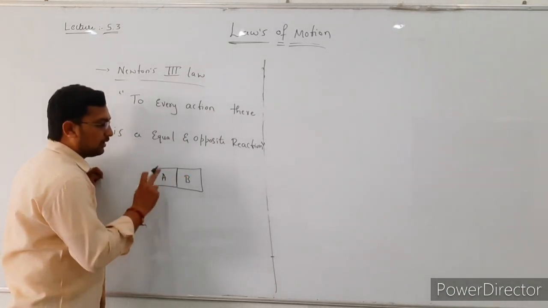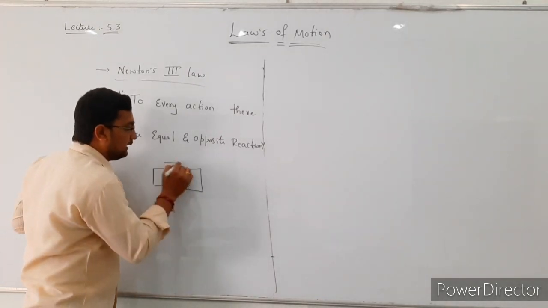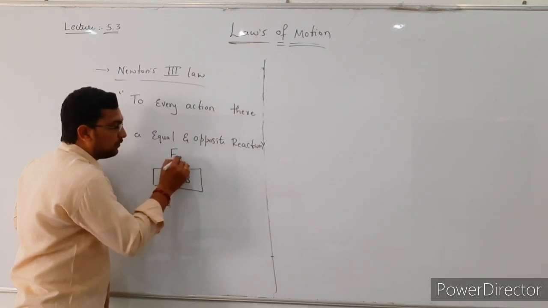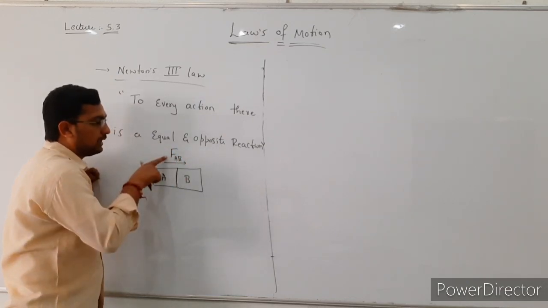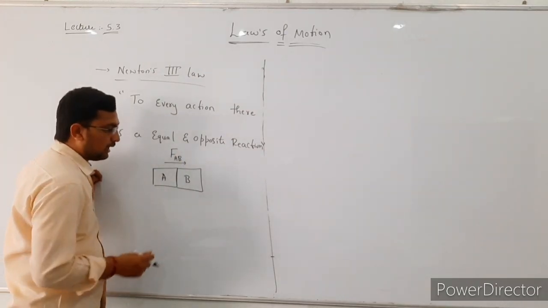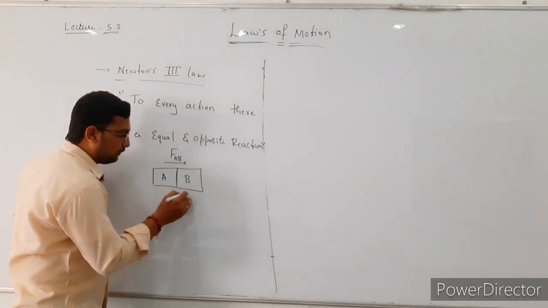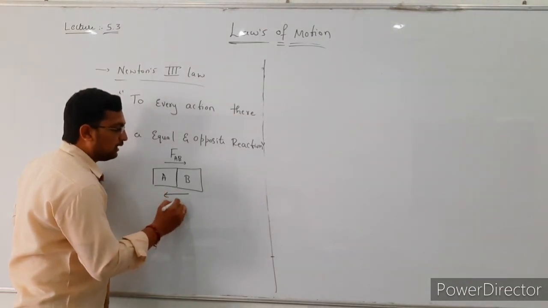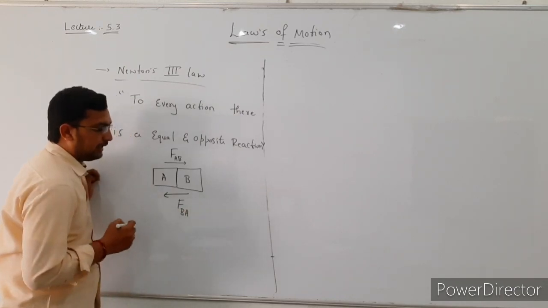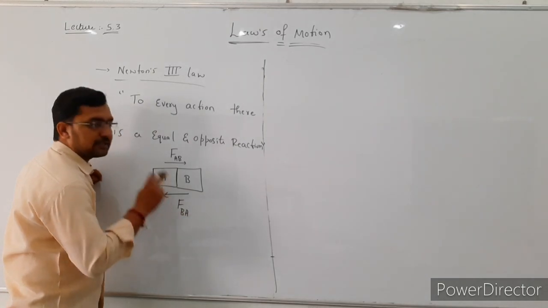In this case the first body A exerts a force on the second body B in this direction. So this is F of AB. Here F of AB indicates the force exerted by body A on body B. At the same time body B is also exerting a force on body A in this direction. So F of BA indicates the force exerted by the second body on the first body.